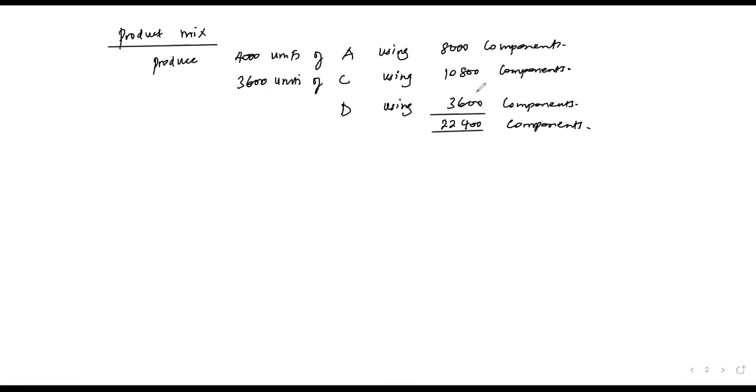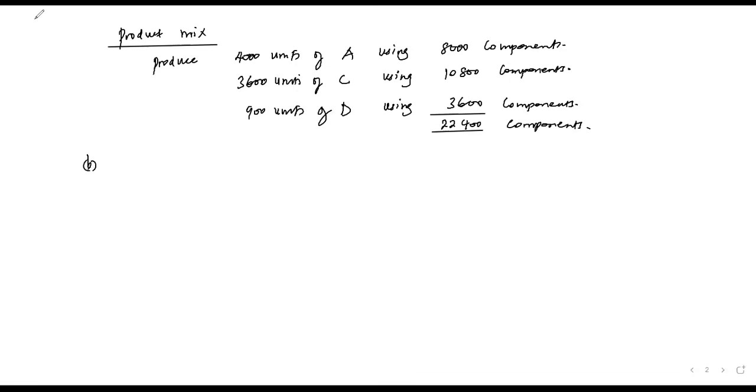So 3,600 divided by 4 gives you 900 units of D. For product B, there is no unit to be produced because we don't have the components to produce product B. So this will be the product mix if this company is to maximize contribution as well as profits.